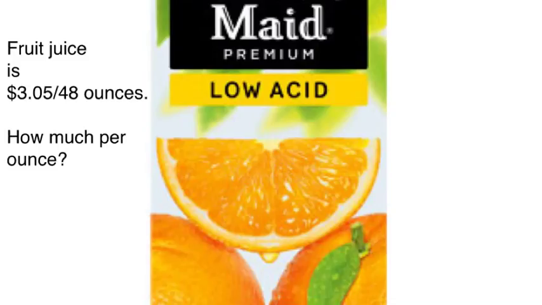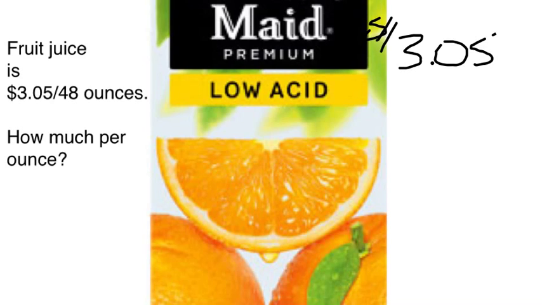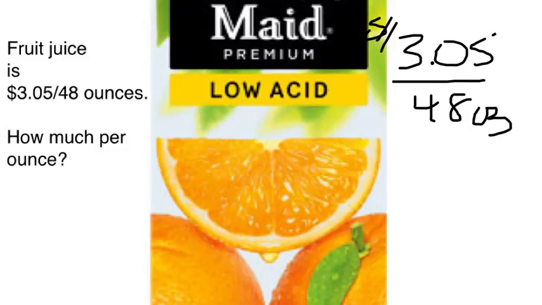Okay, go ahead and figure this one out on your own. I'm going to be writing it on the screen while you're working on it, but you're going to set it up again as money divided by ounces. And go ahead and figure that out and give me 3 decimal places, and then we'll figure out what we need to round it to.